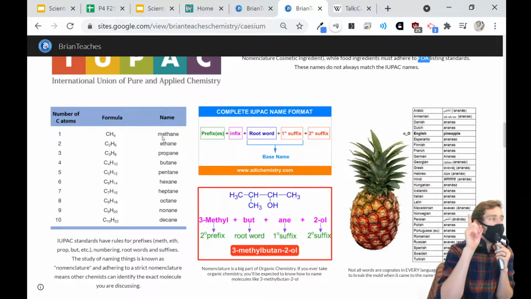Meth just means one. Eth is 2, prop is 3, bute is 4, and then after that it actually just adheres to geometry, like pentane, hexane, heptane, octane, nonane, decane. So hex, hept, oct, non, dec. That's from geometry. You guys should know those ones.